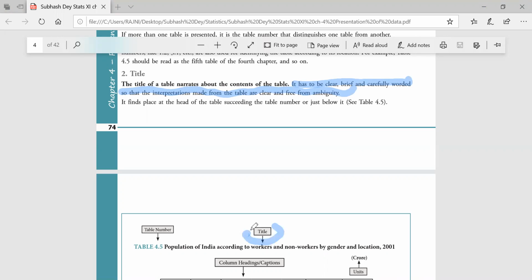So a title like this: population of India according to worker and non-worker by gender and location. So the title must be like that. It is just defining in a very short manner what you are representing in the table.